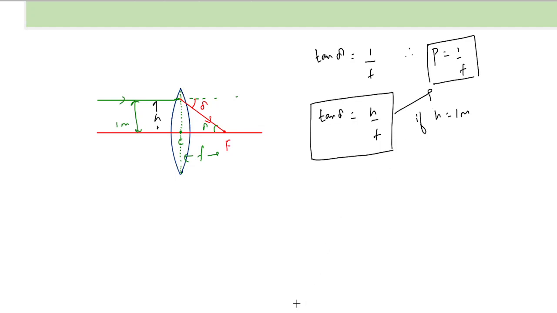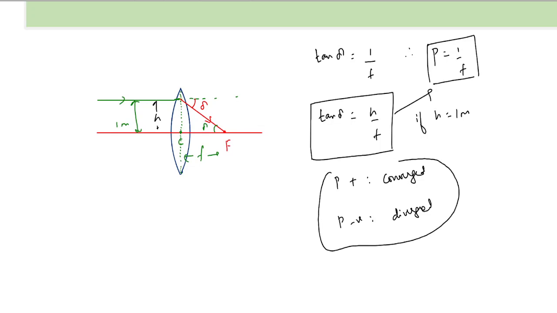That is called power. As seen here, since it is a converging lens, for a converging lens power is positive. So whenever power is positive, it means the light rays are converged. Whenever power is negative, it means the light rays are diverged. So keep this in mind also.